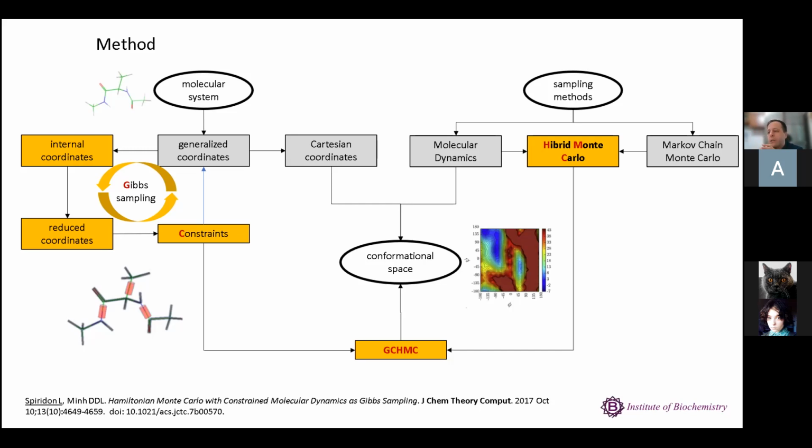Or the other way that can be done is in reduced coordinates, which are fairly used in robotics, in robot mechanics, and they're the coordinates that represent the joints between different links in a robot, right? And the mechanical part of the robot is an articulated body. But okay, there's still a problem here. Once you use constraints, you don't use all the degrees of freedom in your molecular system.